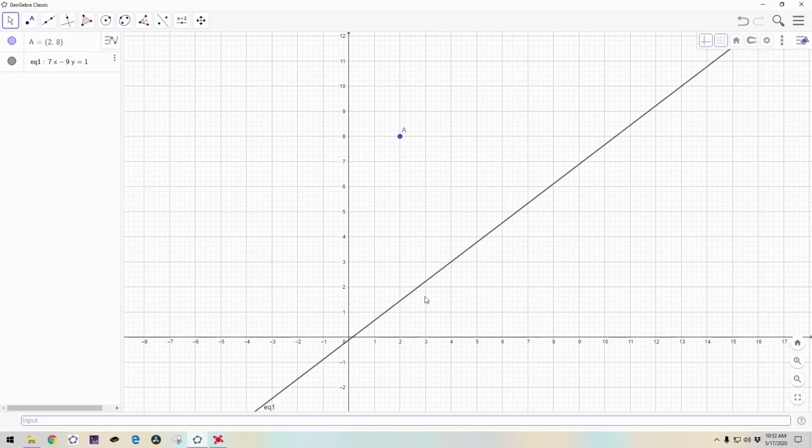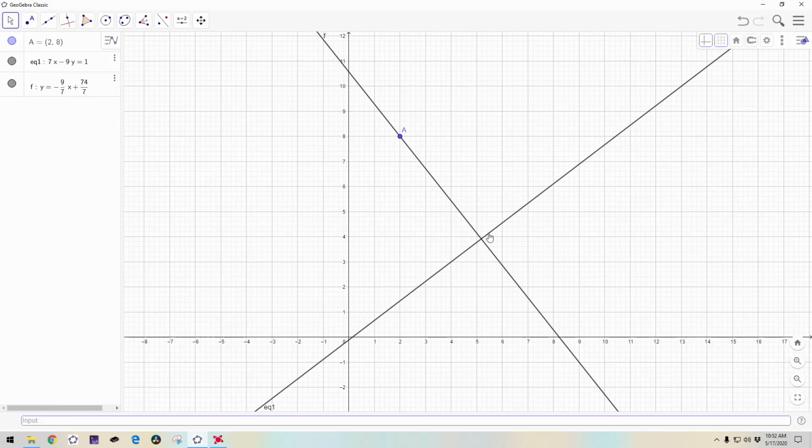So there's that line. And my line needs to be perpendicular to it and go through this point right here. We claimed our equation was y equals negative 9 over 7x plus 74 over 7. And there you go. It goes through the point in question.